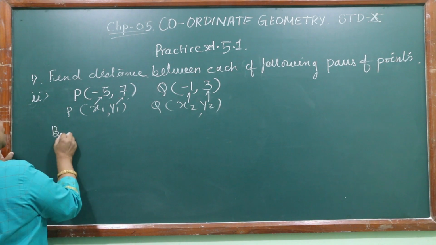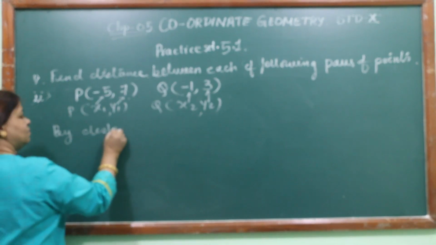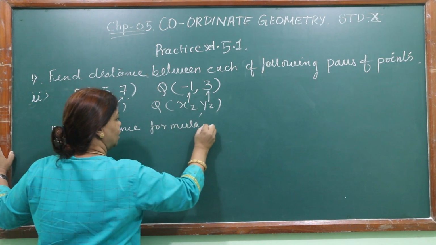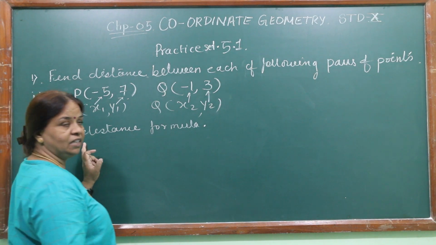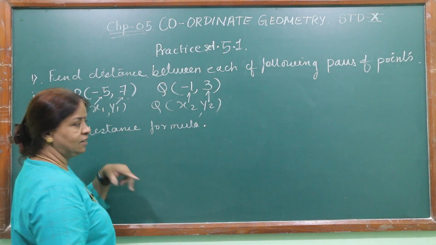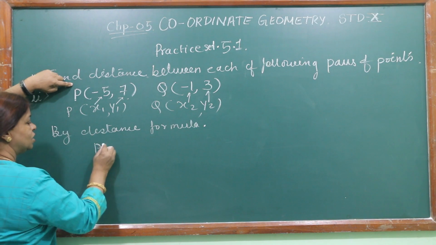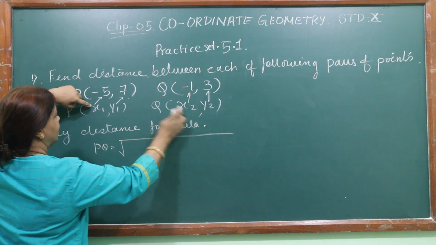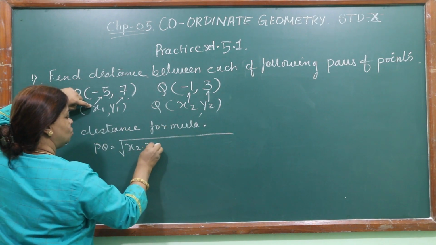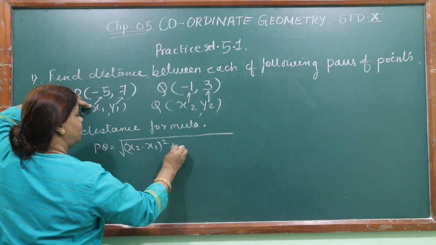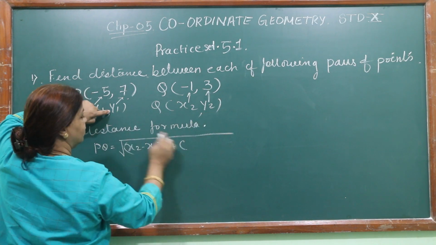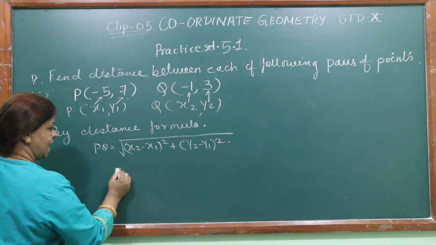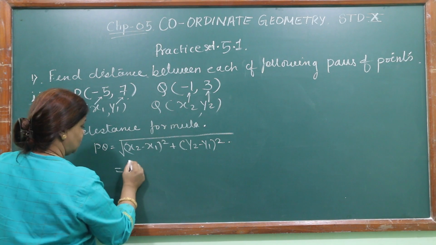So by distance formula, children, by distance formula. Now here you will be learning algebraic techniques, how to add, subtract. So by distance formula, PQ is equal to under the root x2 minus x1 the whole square plus y2 minus y1 the whole square, and x2 is how much, children? Minus 1.